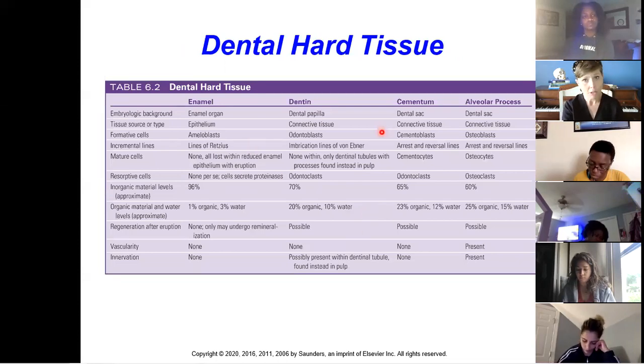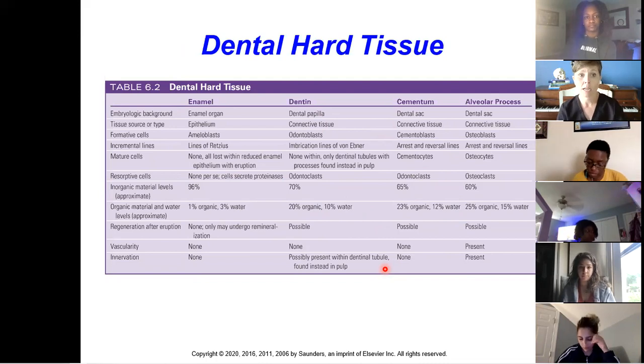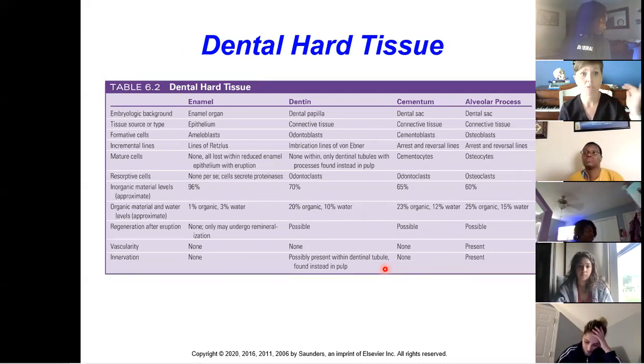Here are all of the hard tissues. This is table 6-2, so it is in chapter 6, but it really does discuss where the embryologic background comes from, the type of tissue, whether it's epithelial or connective, the formative tissue, and what's formed.